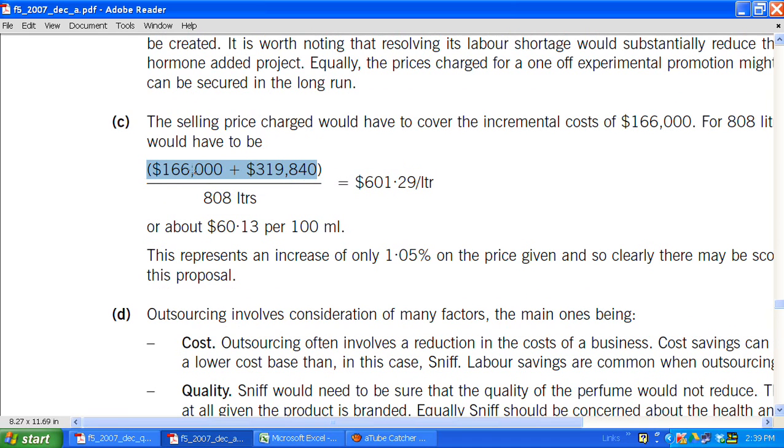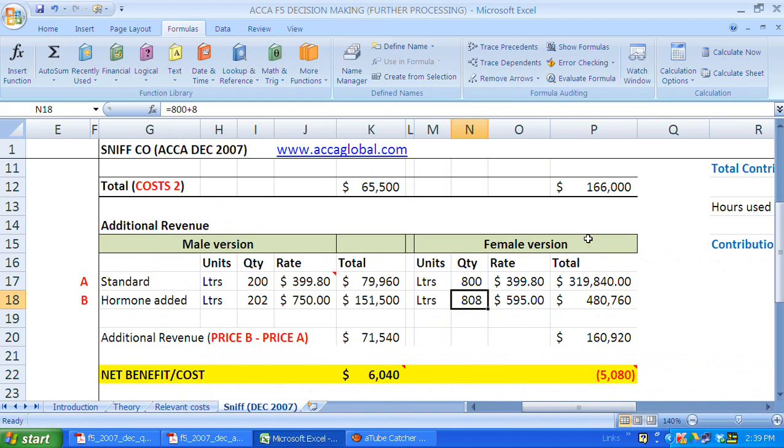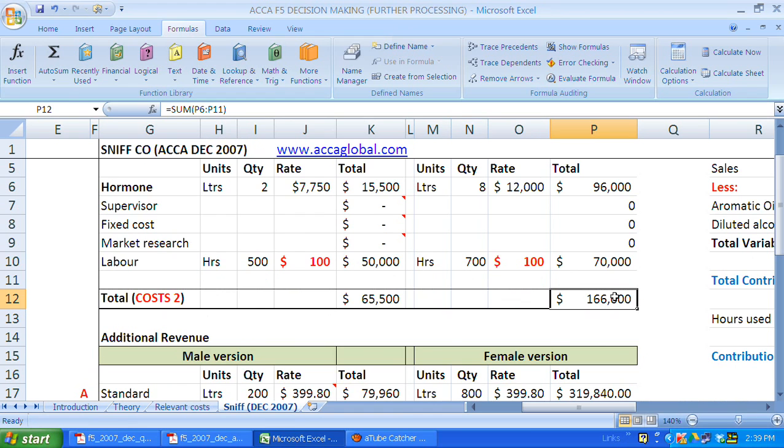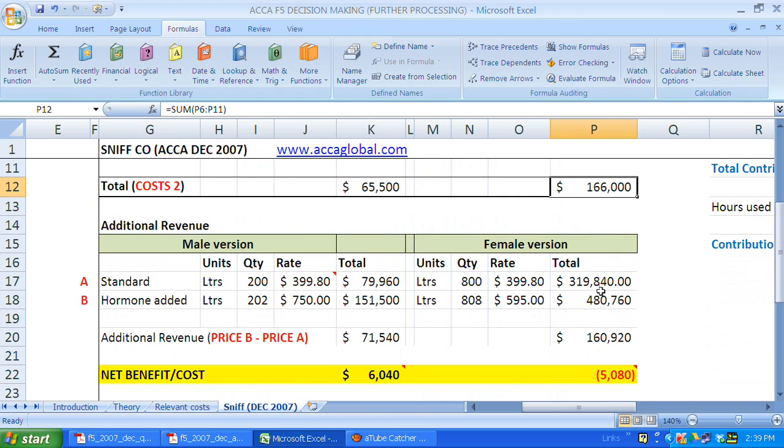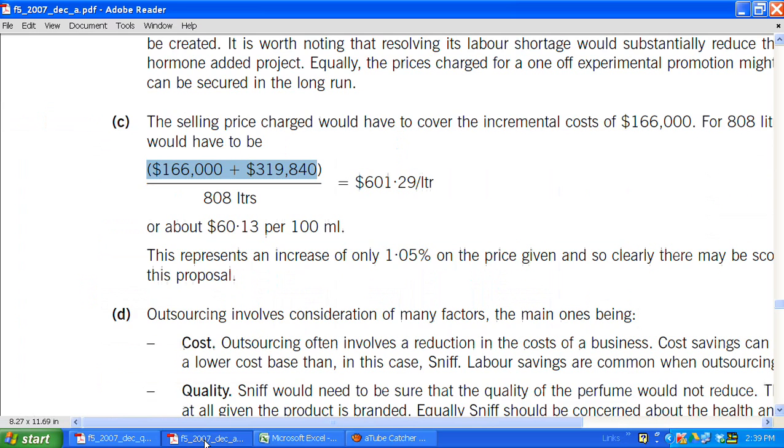So 166,000, where is it coming from? It is the additional costs for the female version. 319,840, where is that coming from?